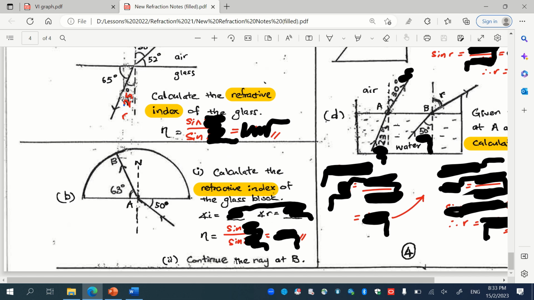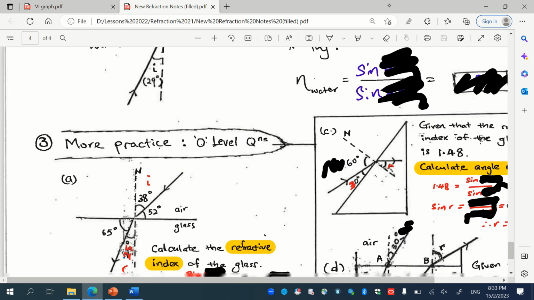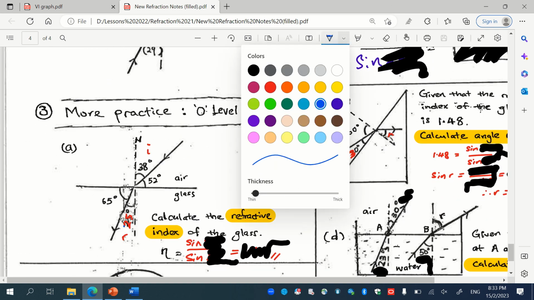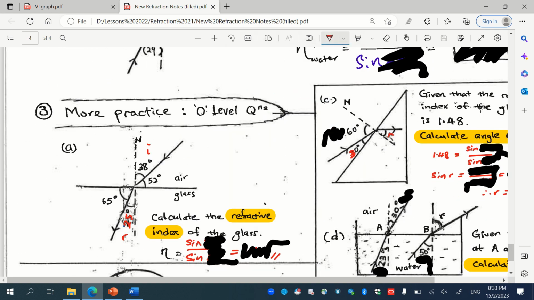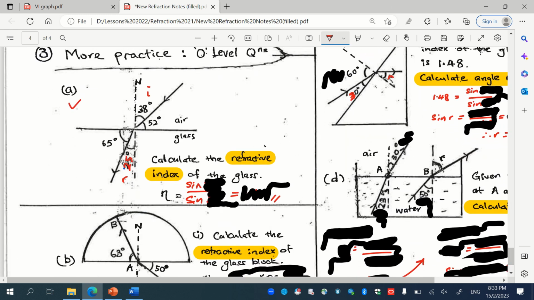Yesterday I ended at the calculation of this part A. Given all these angles, you recall step number one: identify the normal line, where the normal line is.